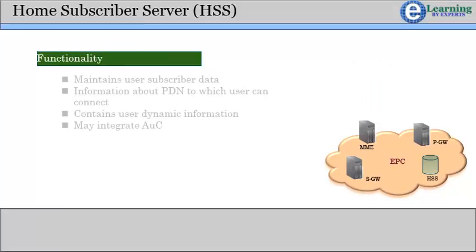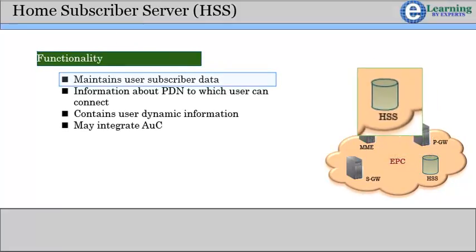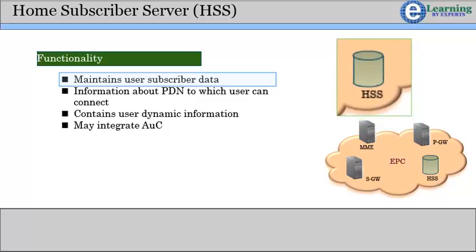The Home Subscriber Server contains users' SAE subscription data such as the EPS subscribed QoS profile and any access restrictions for roaming. It also holds information about the PDNs to which the user can connect. This could be in the form of an access point name, APN, which is a label according to DNS naming conventions describing the access point to the PDN, or PDN address, indicating subscribed IP address.